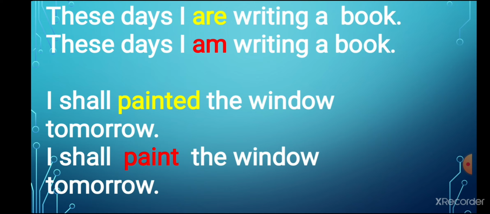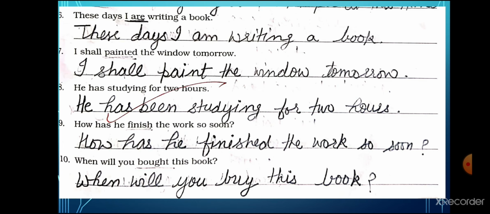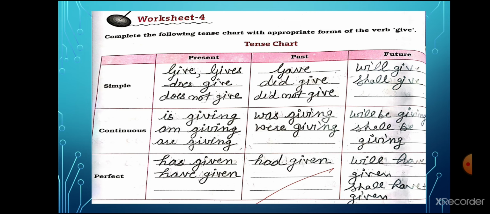So rewrite like this: these days I am writing a book. Then I shall paint it the window tomorrow. But after will or shall, we use the first form of the verb, like paint. Here we can write down like this: I shall paint the window tomorrow. Like this, students, we can make it correct and complete it.